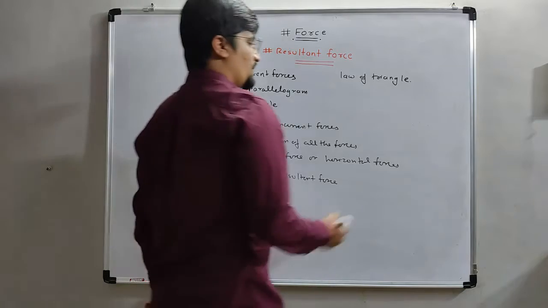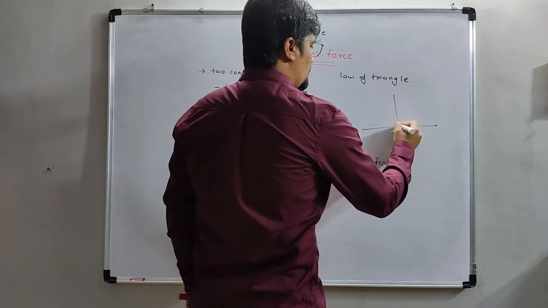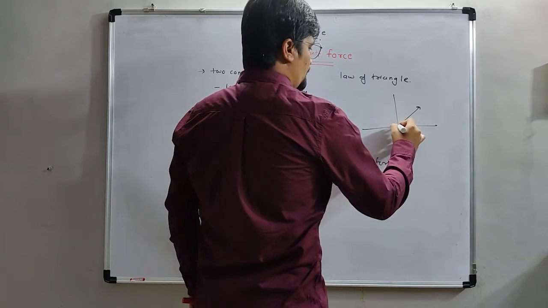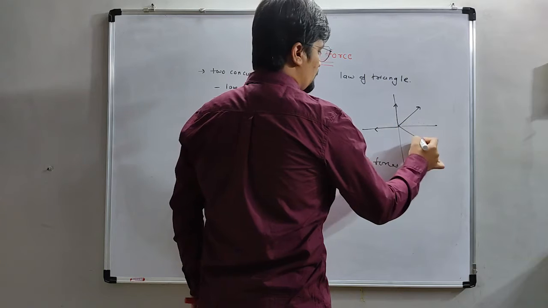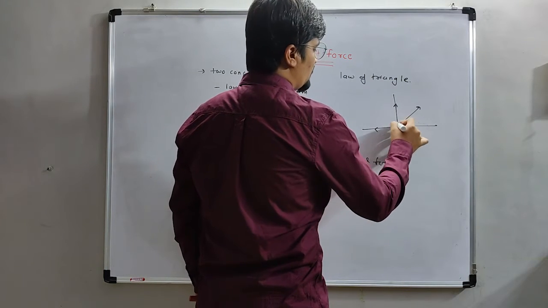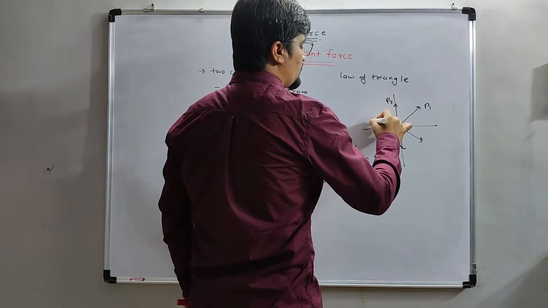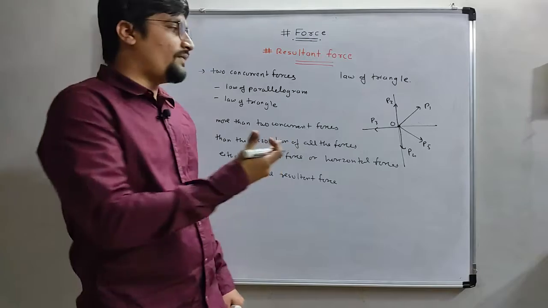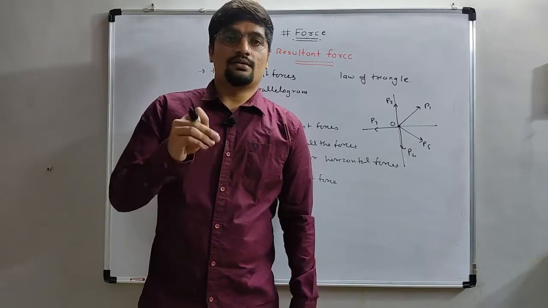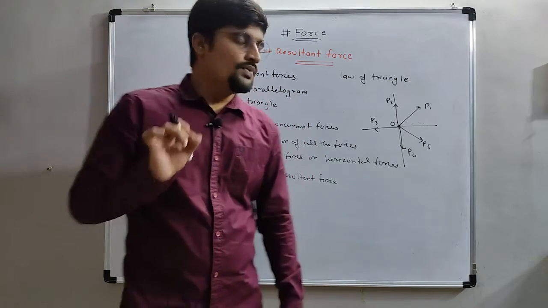It means if I am drawing one plate, the force is acting here, here, here, here, and here. It's one point, but P1, P2, P3, P4, P5, all these five concurrent forces are acting on the plate from one point.